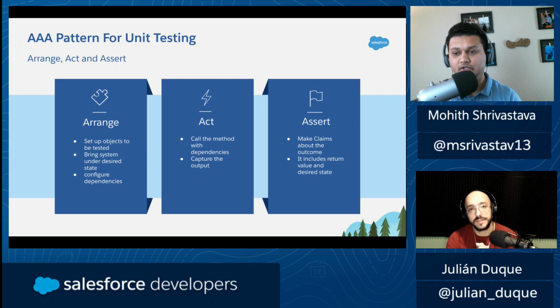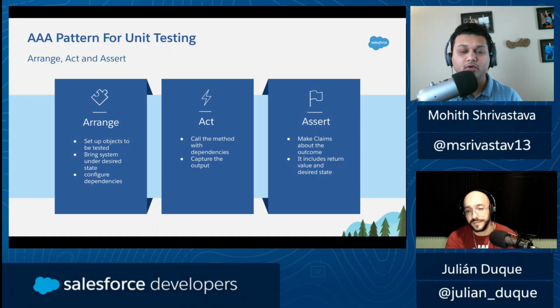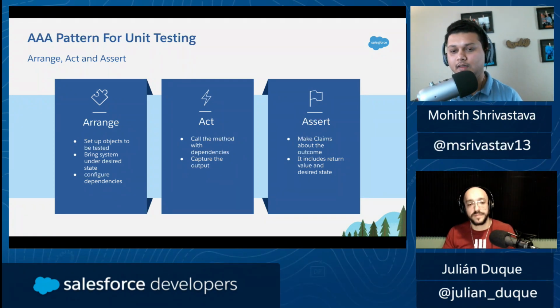In assert, you make claims about your outcome: you read the return values and check whether your code is working as expected and the application is in the desired state. We're going to follow the same methodology. This is a very general pattern in unit testing across different languages and frameworks, and very prevalent in our industry today.